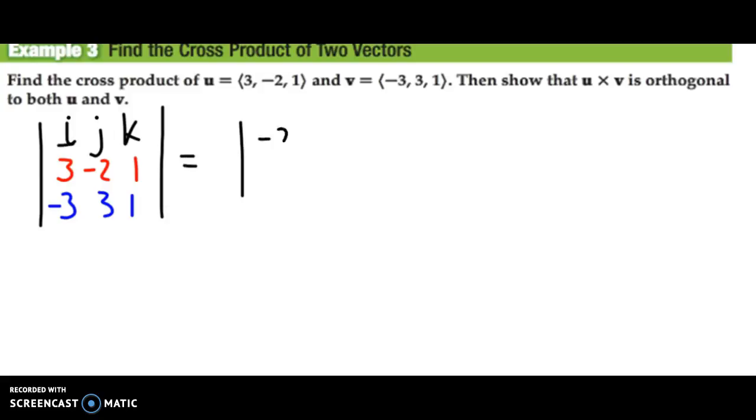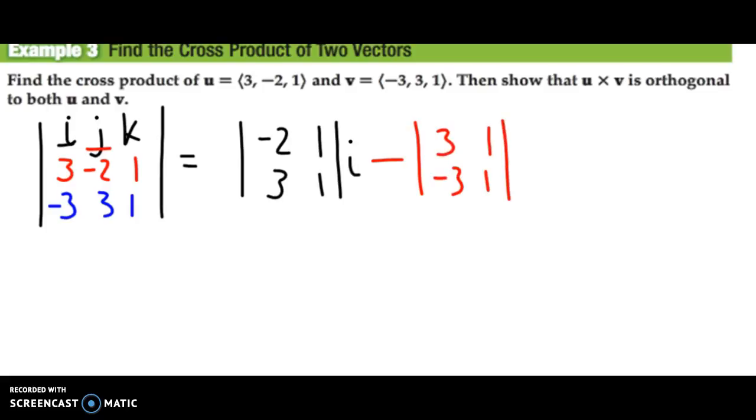That's going to be negative 2, 1, 3, 1, and that's the i vector, minus, now it's the j vector, which is 3, 1, negative 3, 1, j, and then I add the k vector. So that would be 3, negative 2, negative 3, 3, and that would be k.